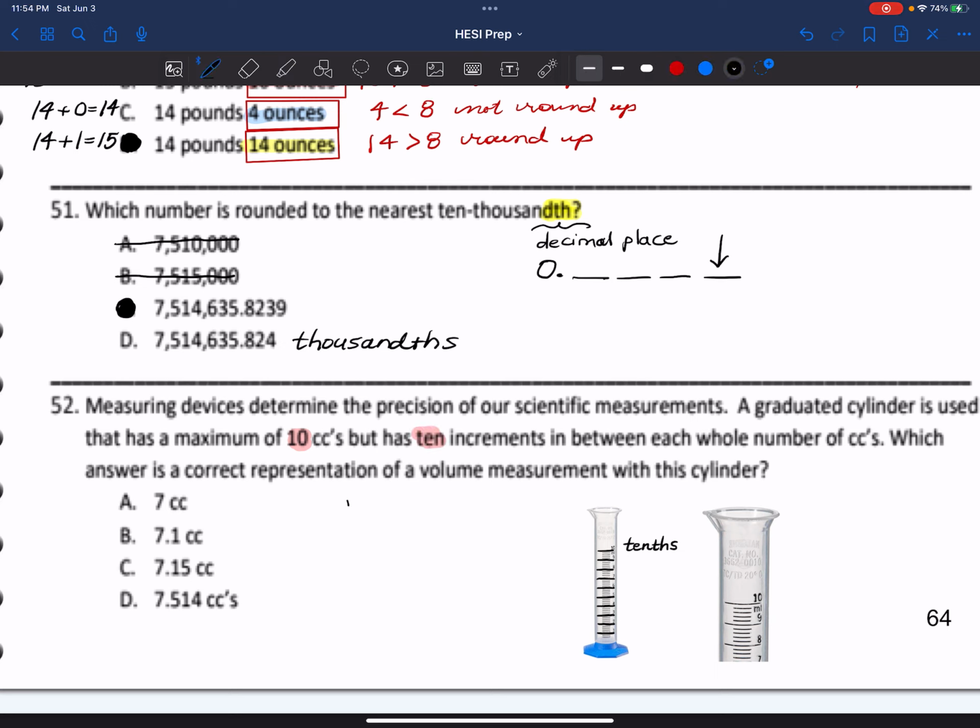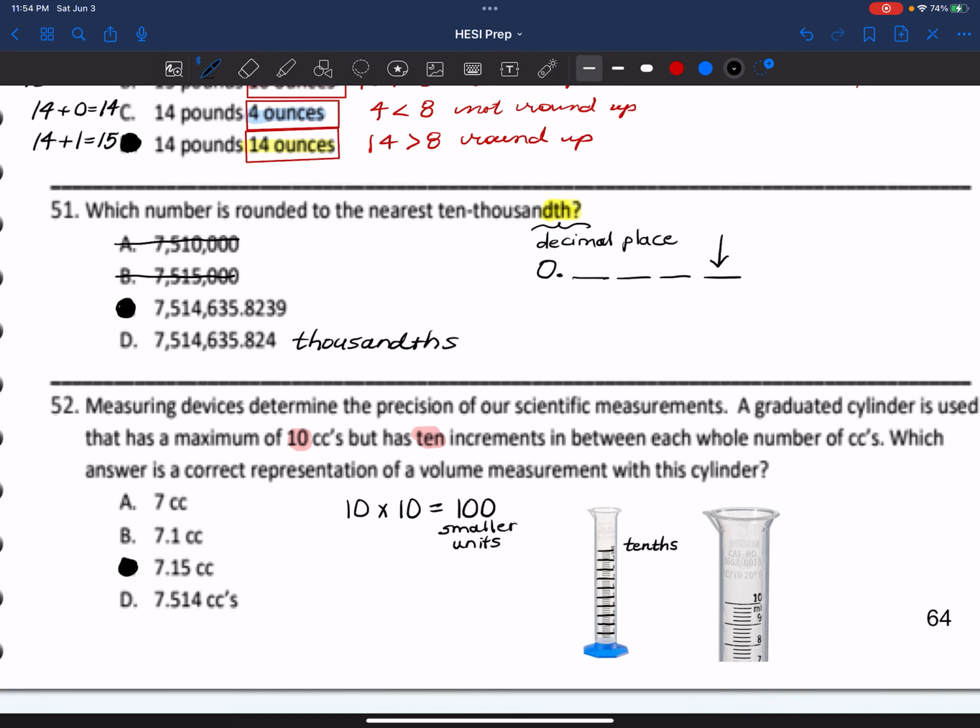So 10 times 10 gives me 100 of those small units on the graduated cylinder. And those are going to help me answer this question. Which one of these answer choices is measured in hundredths? And that, of course, would be this one. The tenths are definitely shown there.